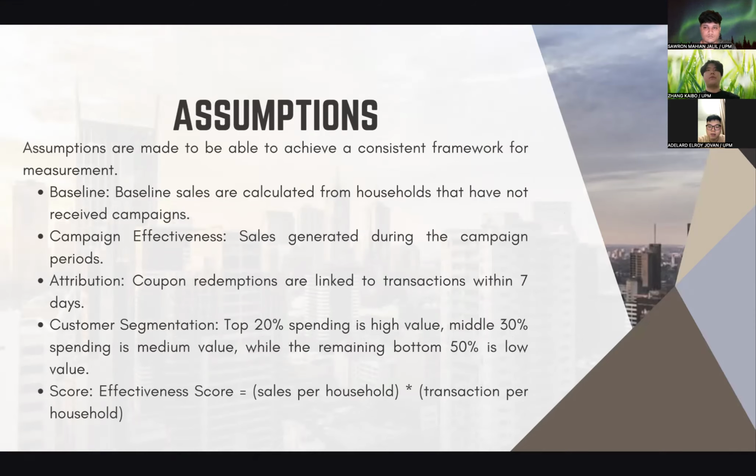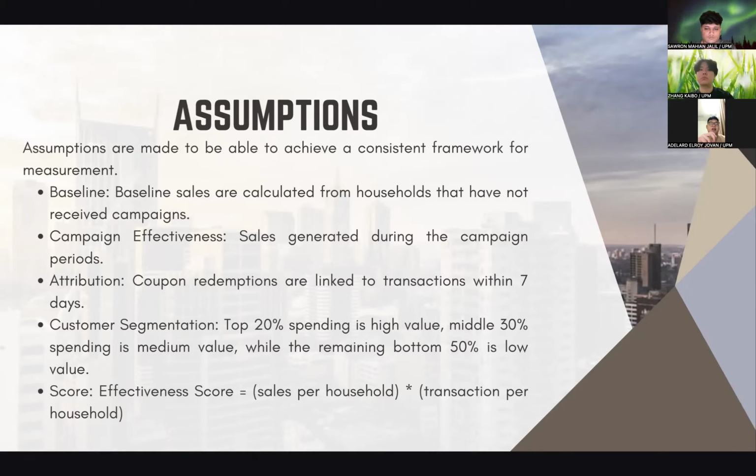There are also some assumptions made for a frame of measurement. One is baseline sales, which is calculated from households that have not received campaigns, and the effectiveness of a campaign, which is the sales generated. For attribution, coupon redemptions are linked to transactions within 7 days.